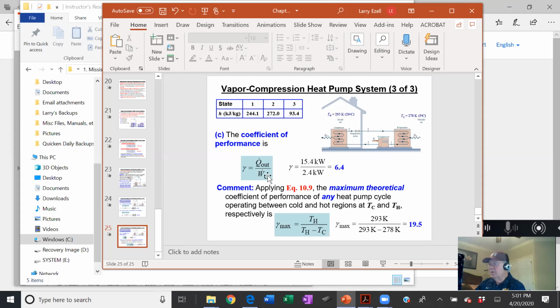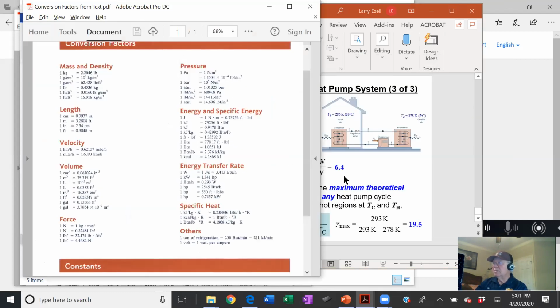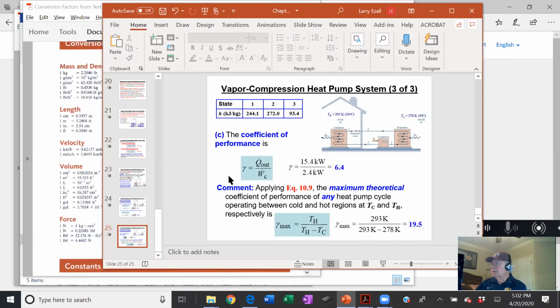I want to leave the denominator alone as watts, but I want to change the numerator from 6.4 watts. I want to multiply the numerator by 3.413, okay. So 6.4 times 3.4, that gives about 20, doesn't it?